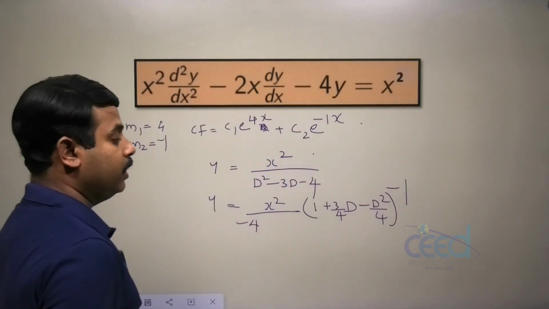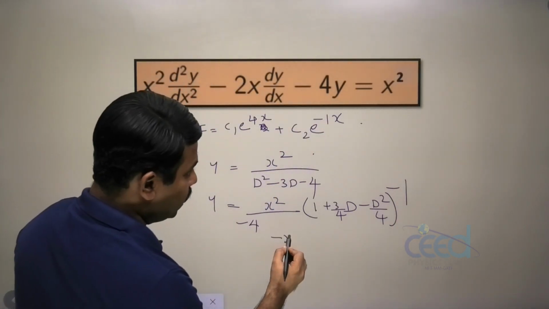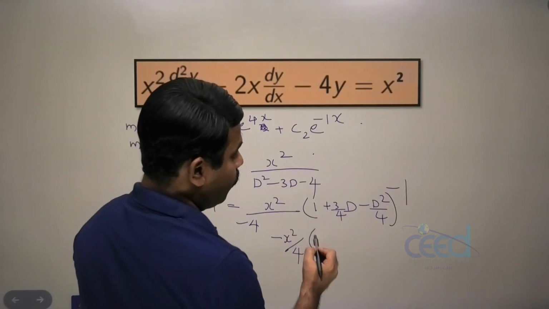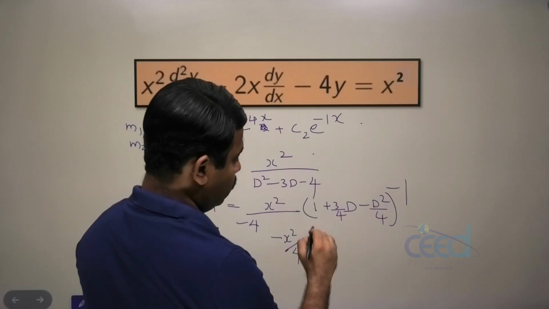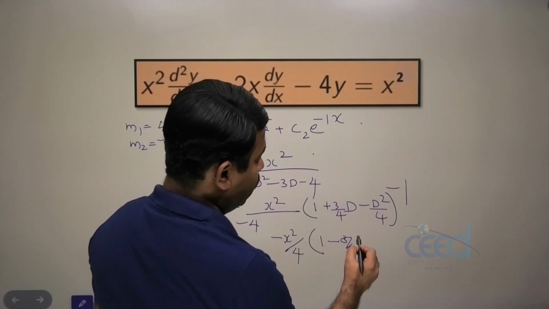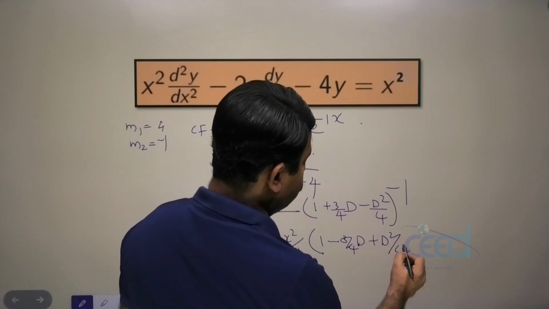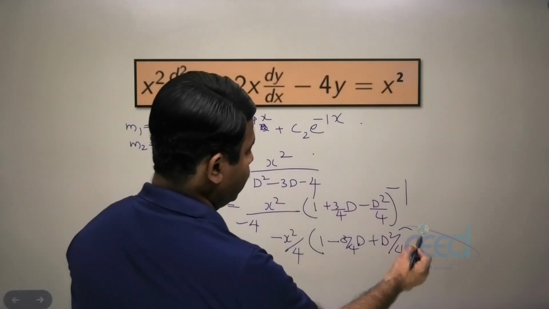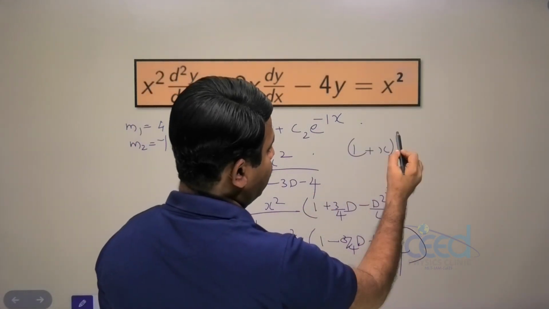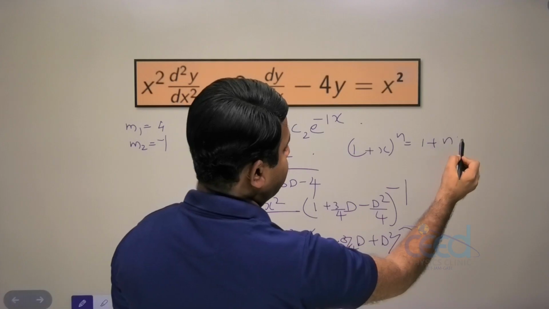Now using the binomial theorem, 1 plus x all raised to n is equal to 1 plus nx.